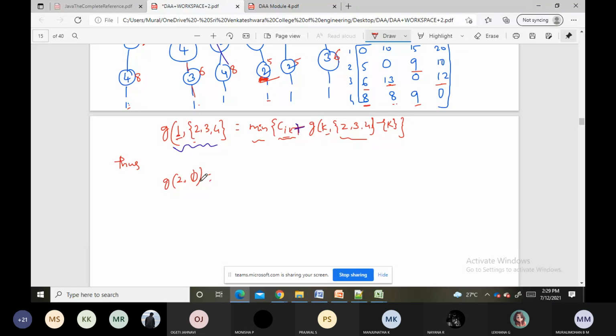So when we are at 2 and return to 1, that is from the last vertex to the starting vertex when we are finishing the cycle. So what we are having, C of 2 to 1, 2 to 1 is 5.